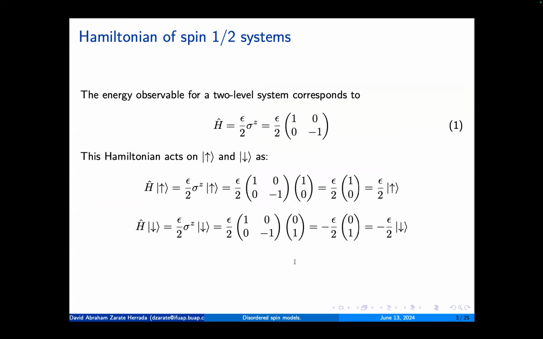This Hamiltonian acts on these states like this, and we can note that these states are eigenbases for this Hamiltonian, where the respective eigenenergies are epsilon over 2 and minus epsilon over 2.